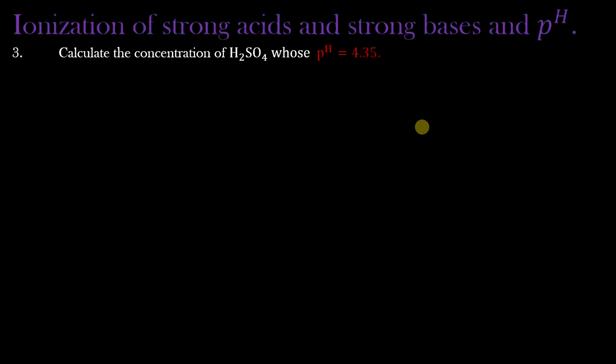Now in our third task, the situation has been reversed. This time we have been given the pH, and we are supposed to find the molar concentration of sulfuric acid. So we are going to reverse the calculation as well.